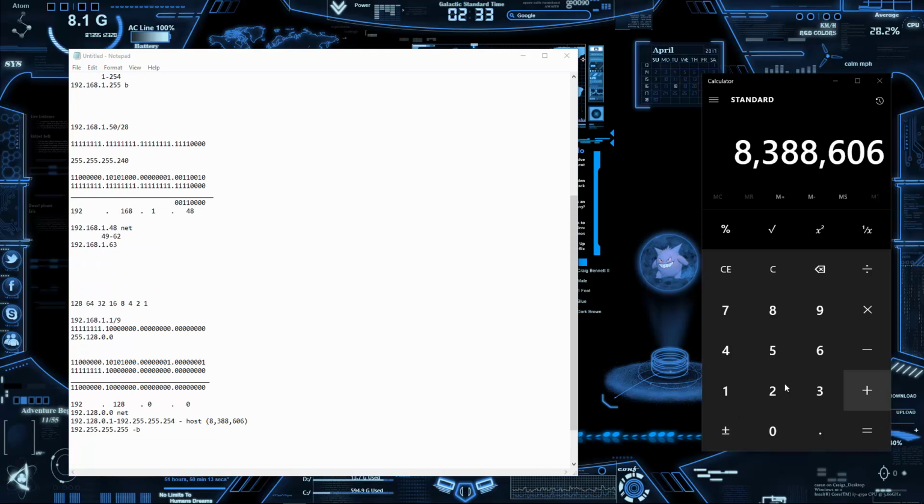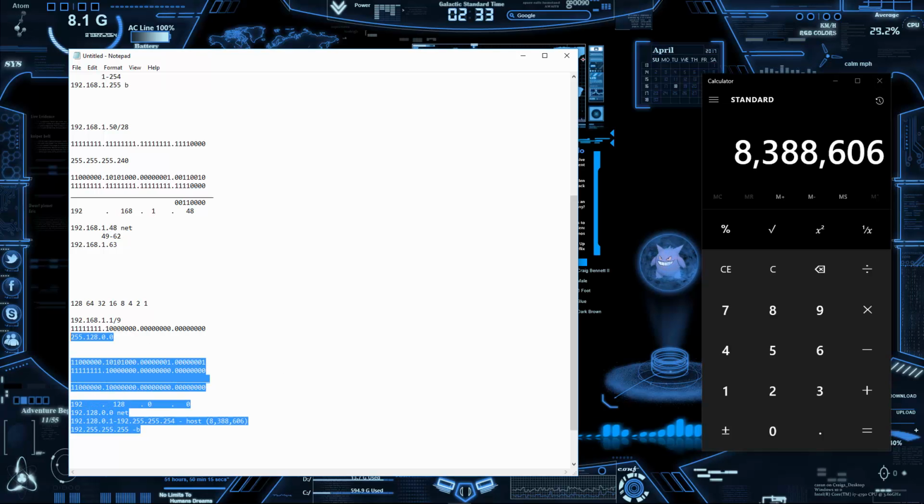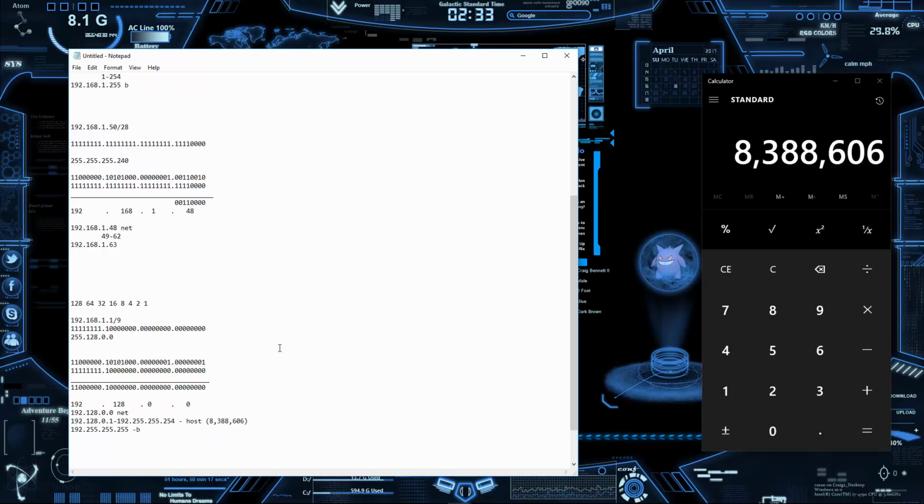As an example, I just did this off camera, so you won't have to sit through me doing this entire thing. I did a /9, and in binary, it's just 9 ones, and that is 255.128.0.0.